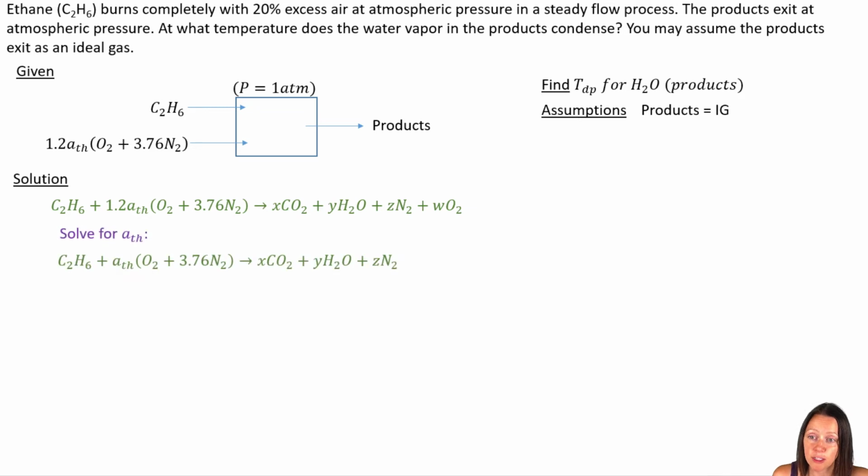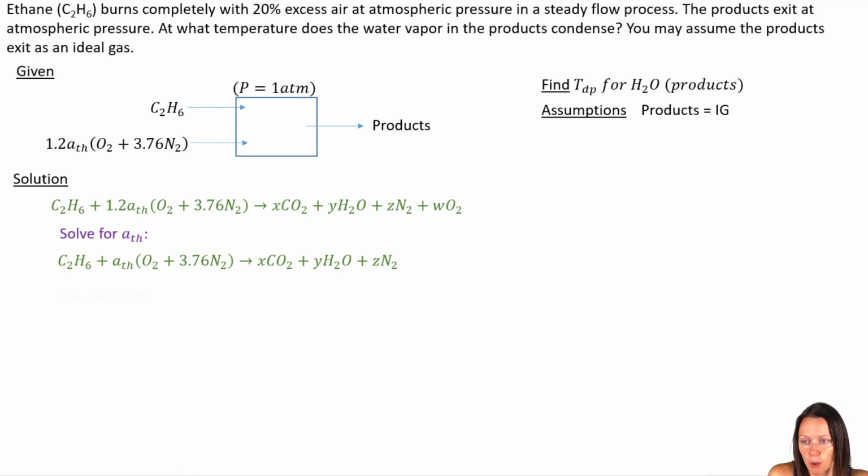And that requires me to solve this equation right here. So this is the burning of C2H6 with 100% theoretical dry air and converting everything. I'll have CO2, H2O, and then nitrogen, because I've got a lot of it in my dry air, and it's just kind of along for the ride.